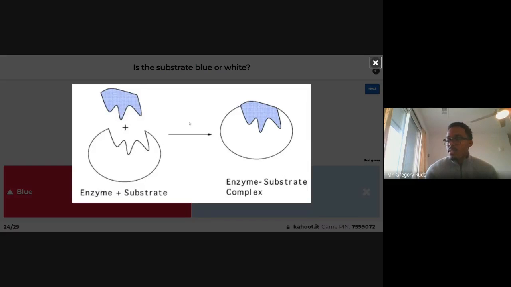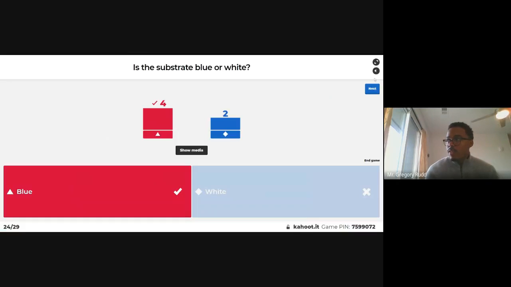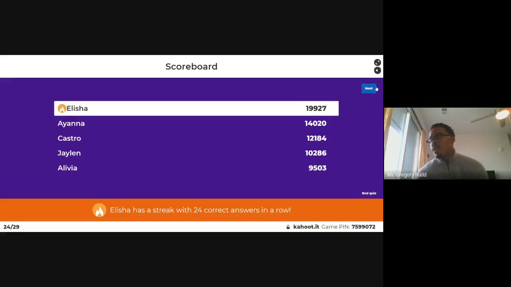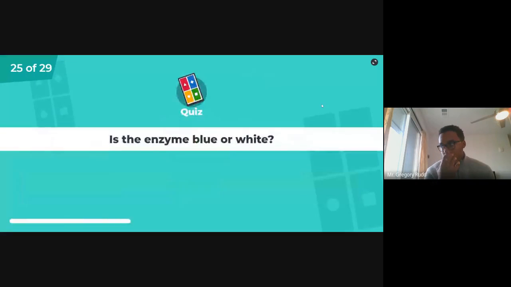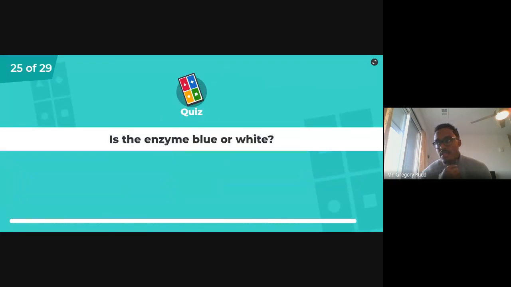I guess this was not really the most fair question, but typically the substrate looks like it's fitting into the enzyme.